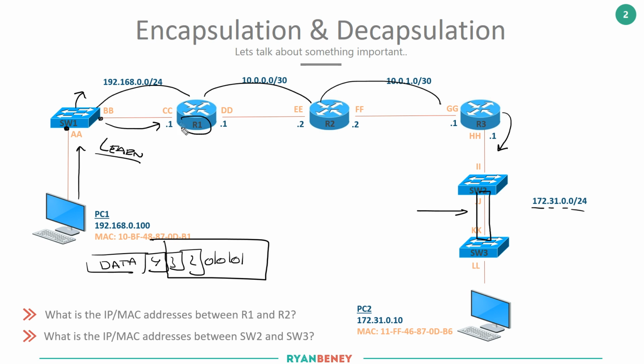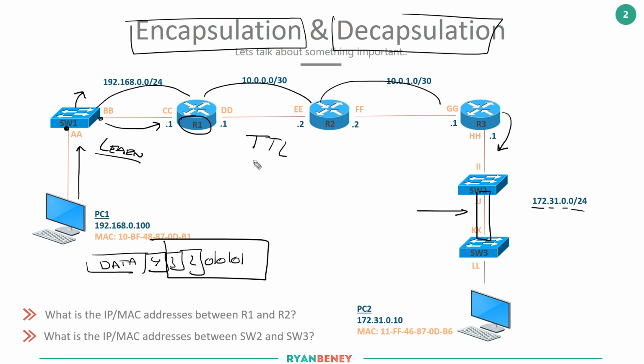And when a router gets it, it goes through the decapsulation and encapsulation process on a per hop basis, and it also decrements key items like what we call the TTL, the time to live value, which is an attribute of the layer 3 header. Why is the TTL value decremented?